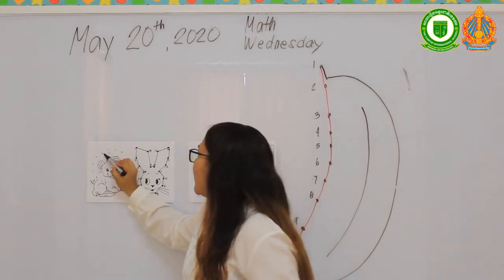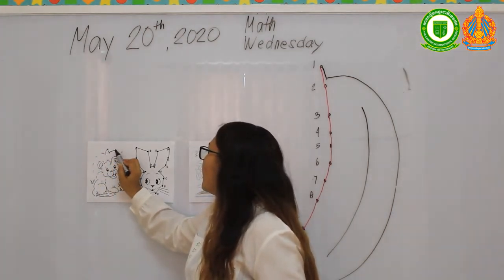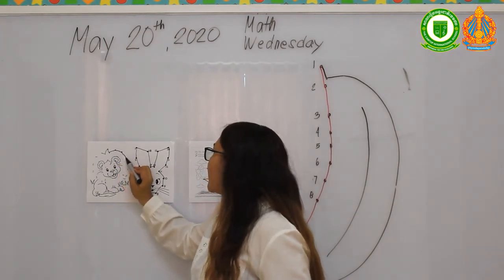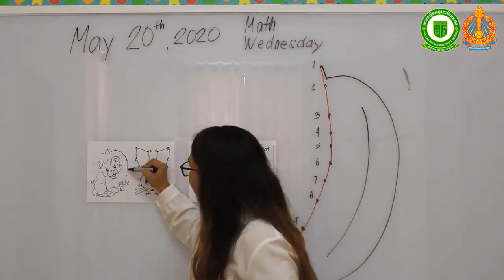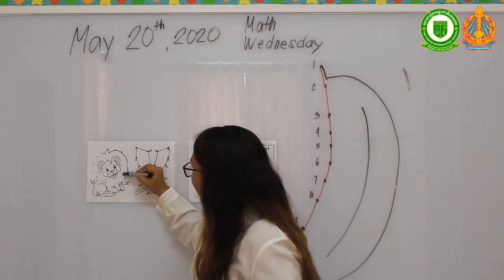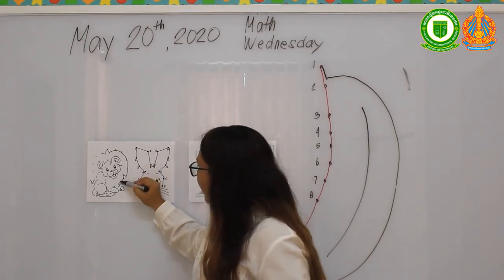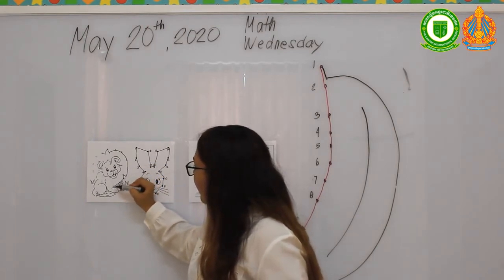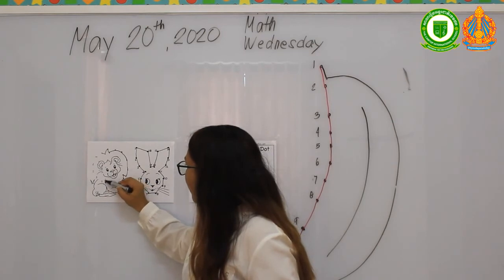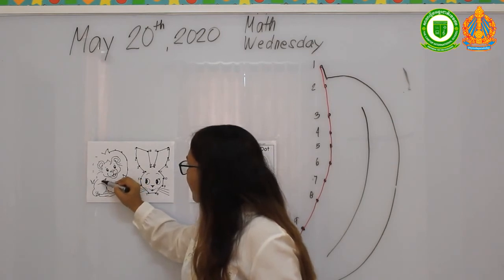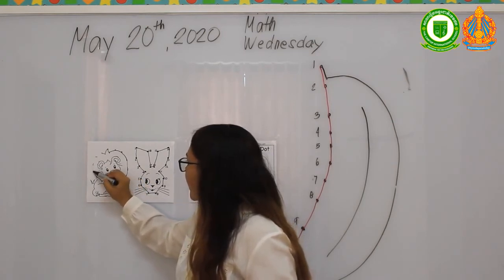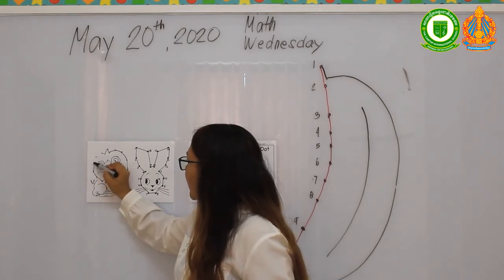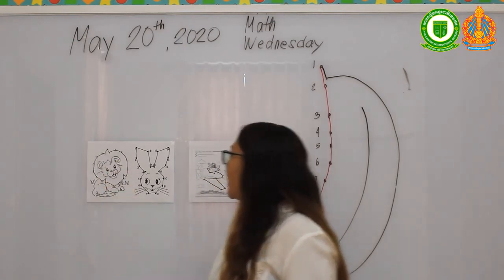There, number 1, 2, 3, 4, 5, 6, 7, 8, 9, 10, 11, 12, 13, 14, 15, 16, 17, 18, 19, 20.